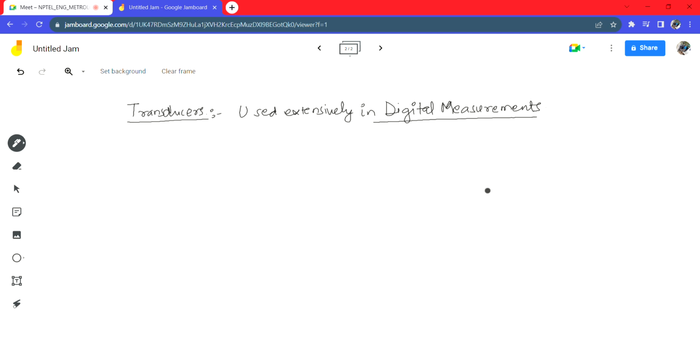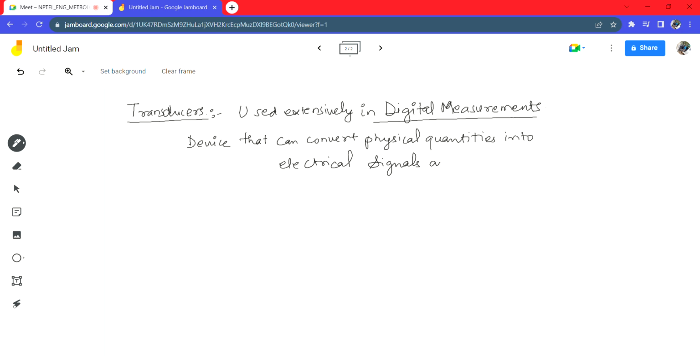And we had seen that a transducer is a device that can convert physical quantities into electrical signals and vice versa.